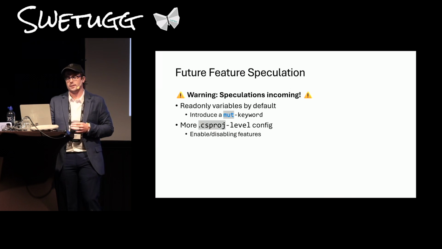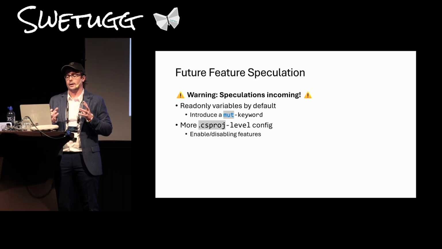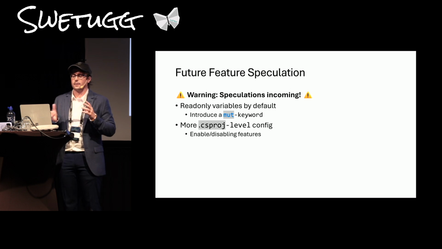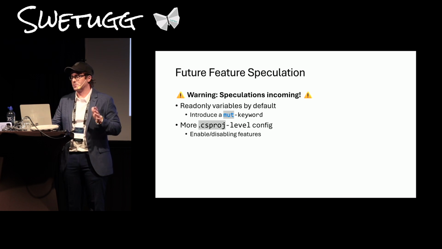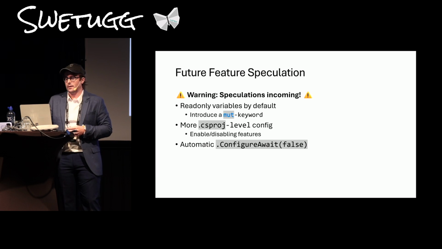That would be nice. And how would that be possible? We would break everything, but we already have project level configuration where you can enable and disable features. So maybe that would be a way to do it, but it would be discrepancies across many code bases, but yeah, you can dream.